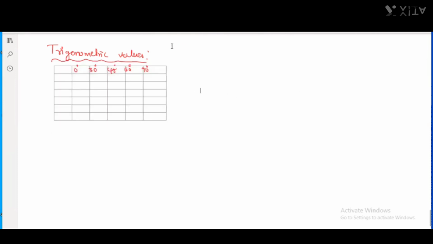So here, on this side we take sine theta, cos theta, tan theta, cosecant theta, secant theta, cot theta. Sine 0 is 0, sine 30 is 1 by 2, sine 45 is 1 by root 2, sine 60 is root 3 by 2, sine 90 is 1.